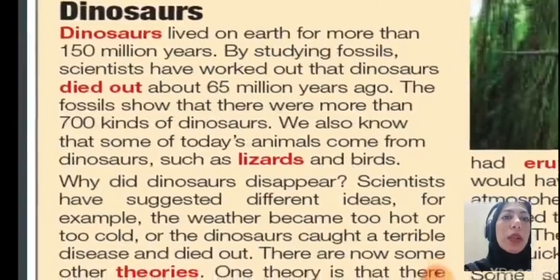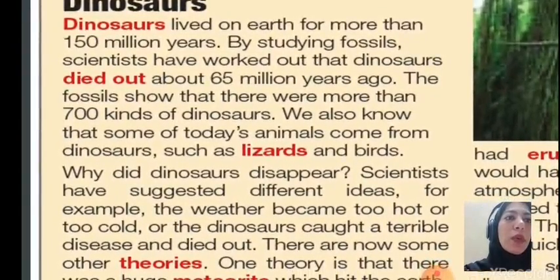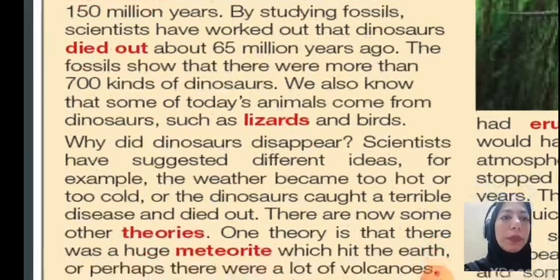Dinosaurs lived on Earth for more than 150 million years. By studying fossils, scientists have worked out that dinosaurs died out about 65 million years ago. The fossils show that there were more than 700 kinds of dinosaurs. We also know that some of today's animals come from dinosaurs, such as lizards and birds.